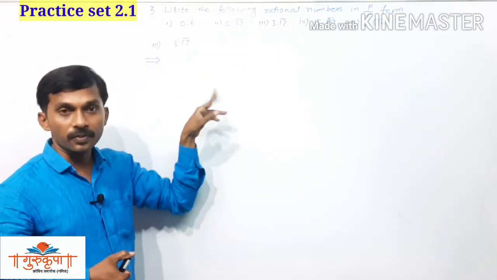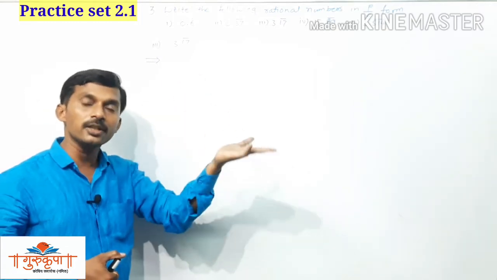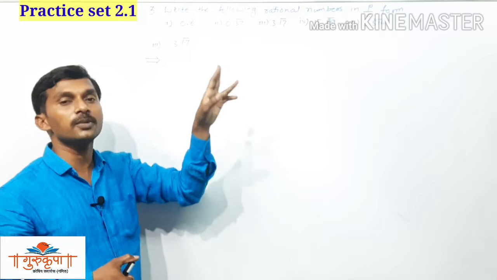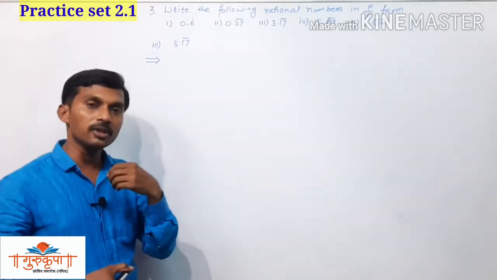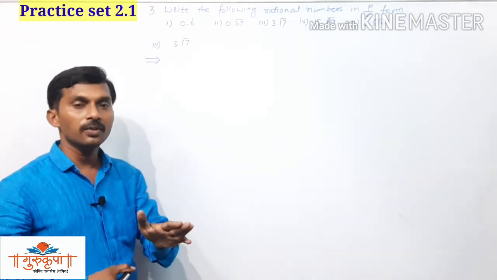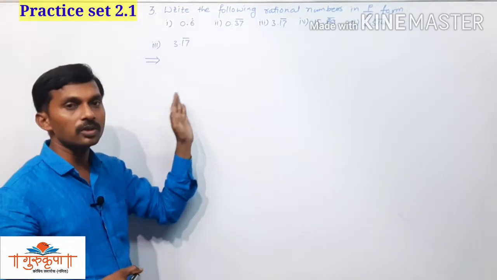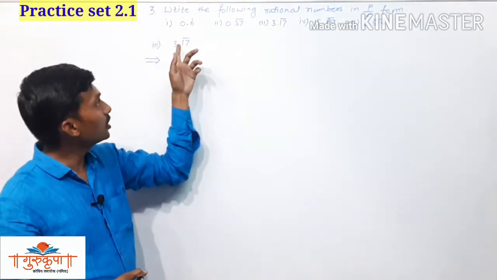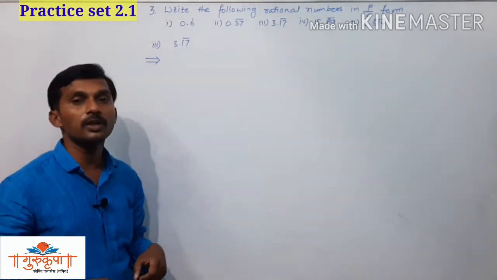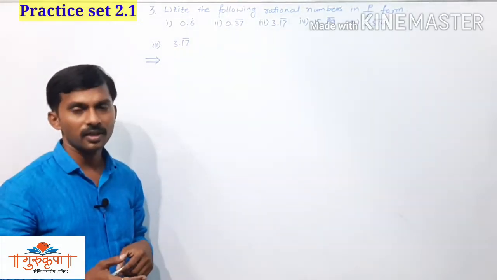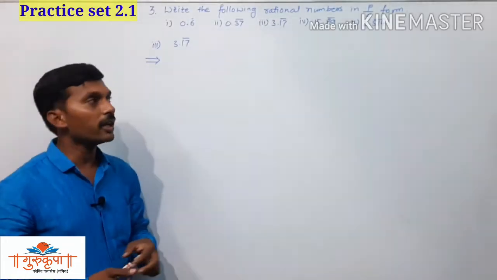In the second step, we have to multiply both LHS and RHS by 10 or 100 or 1000 or 10,000. It depends upon how many digits get recurred. And in the third and last step, we have to subtract x from both the sides, and then this decimal form gets converted into the P upon Q form. It is too easy. It is very easy.